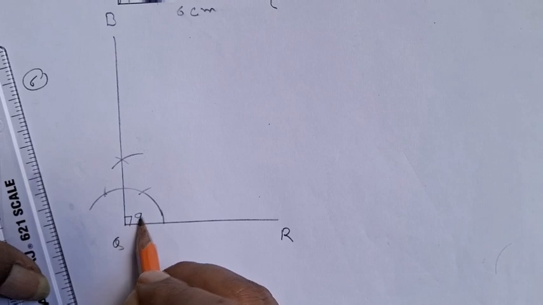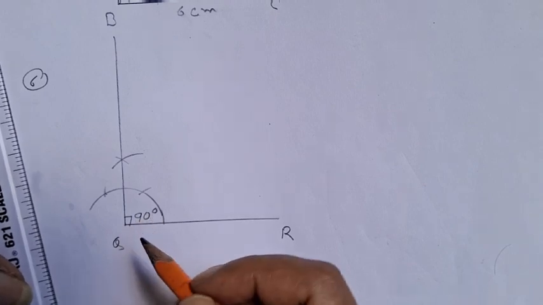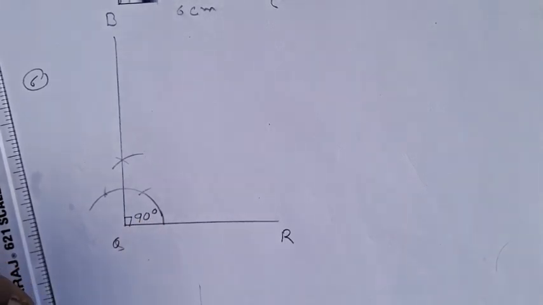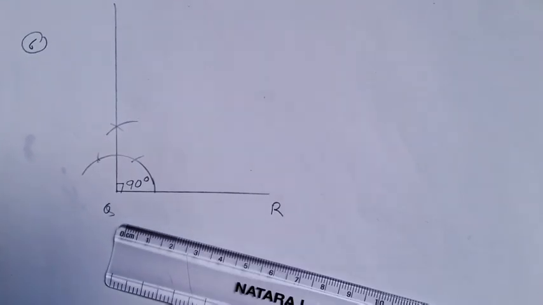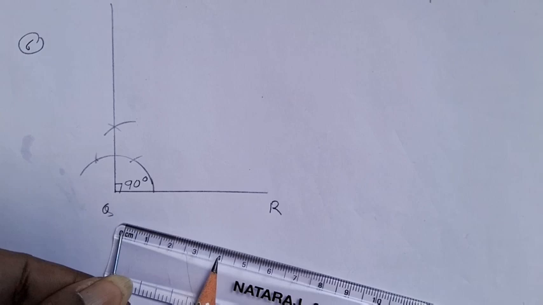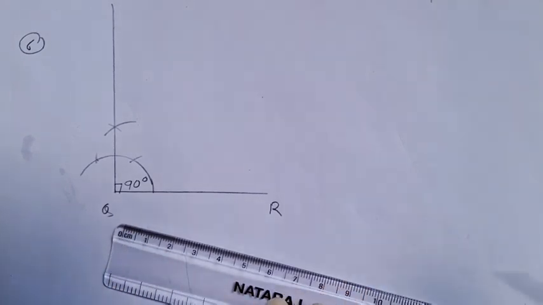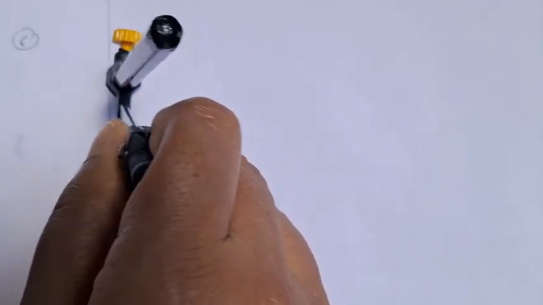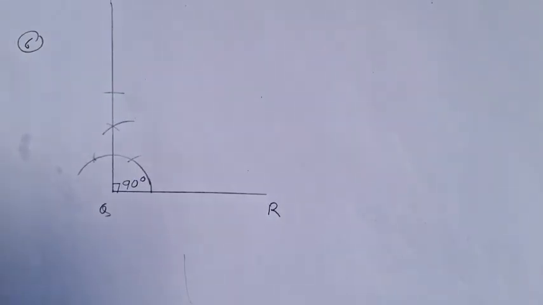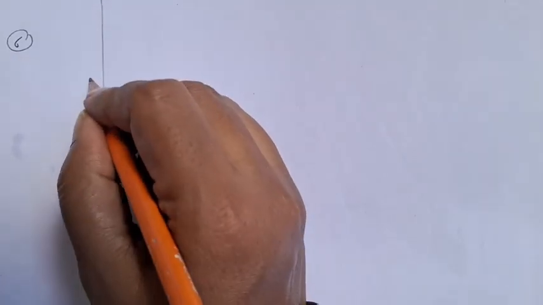This is the 90-degree angle. And PQ is 4 cm. So taking 4 cm in my compass as a radius and taking Q as center, I draw an arc. This point is P.